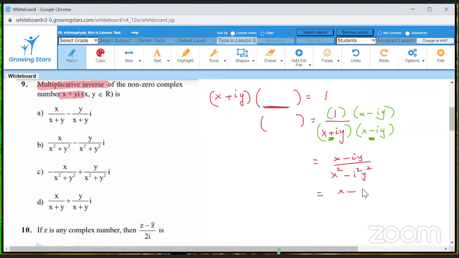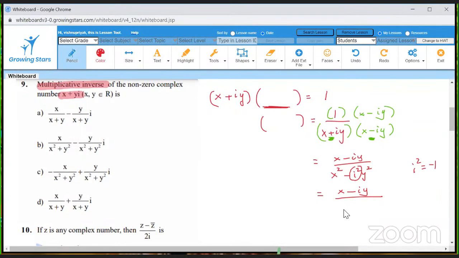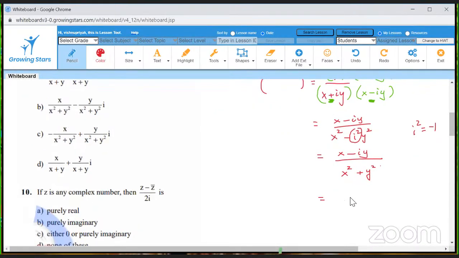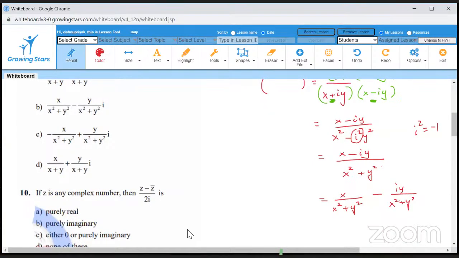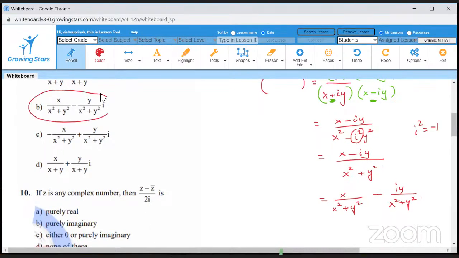But i square is minus 1. Always remember i square is minus 1. So it will become x square plus y square. Separated, x by x square plus y square is the real part, minus iy by x square plus y square is the imaginary part. And that you can see in option B.